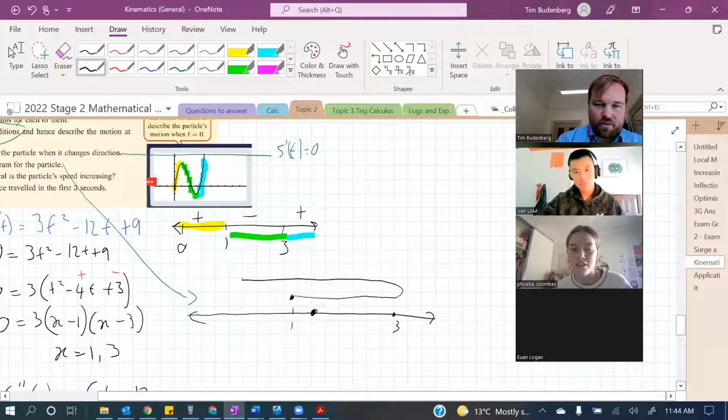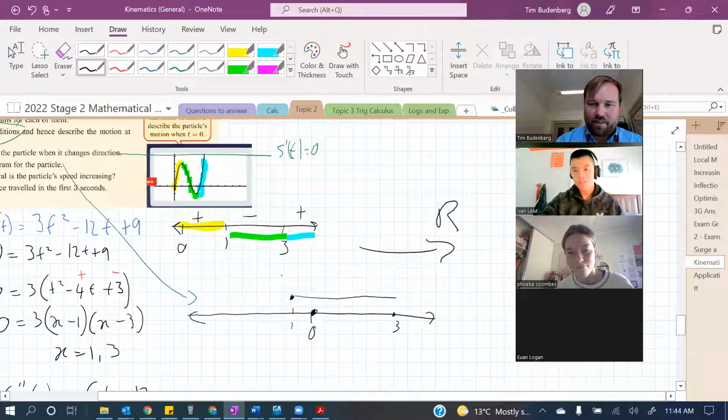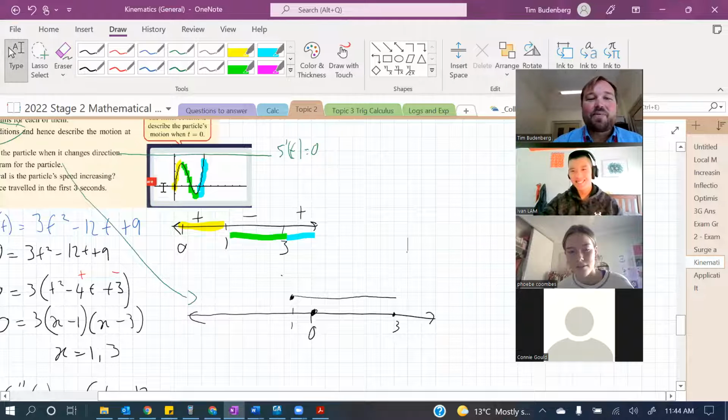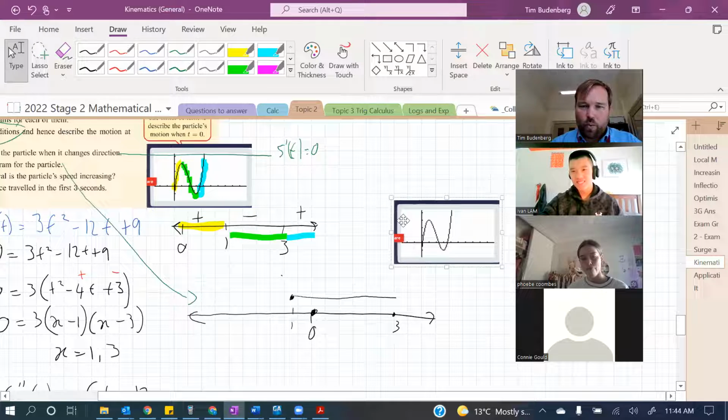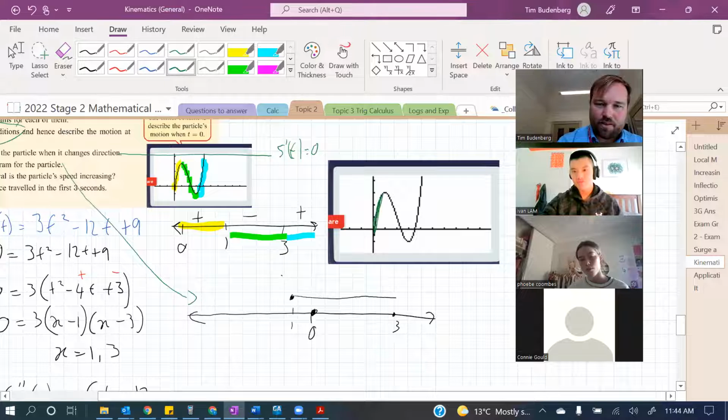Wait, but doesn't it go left first? Right first. If here's the origin, it starts to the left and then goes right. Is my OneNote reversed for you guys as well? No, that's right. Basically, on the graph, when it's increasing, like this portion here, the particle is moving to the right.